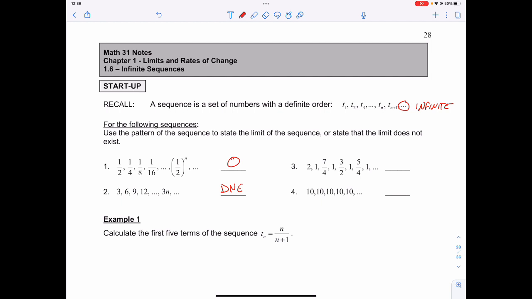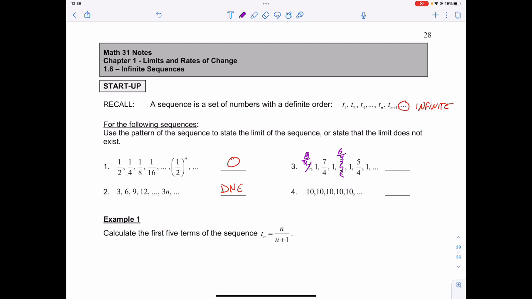Example 3 can be a little bit trickier because I have 2, 1, 7/4, 1, 3/2, 1, 5/4, 1, and so on. And really, we know that 2 is the same as 8/4, and 3/2 is the same as 6/4. So I am just alternating between 1 and numbers that are decreasing by 1/4: 8/4, 7/4, 6/4, 5/4, 4/4, 3/4, 2/4, and so on.